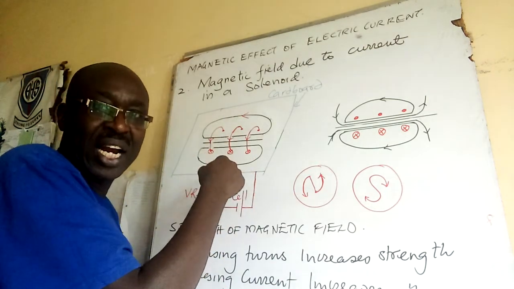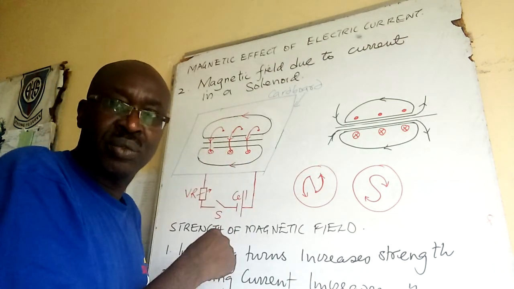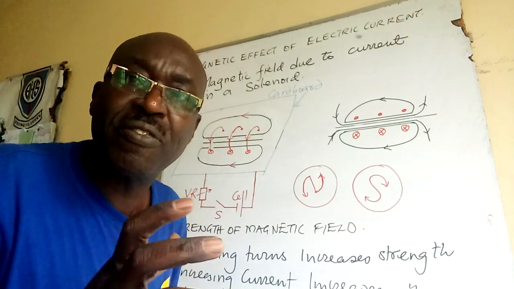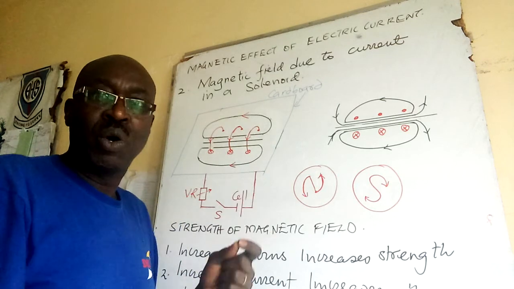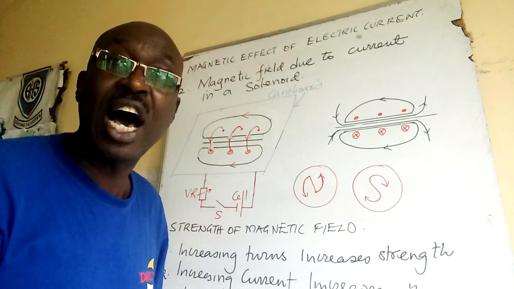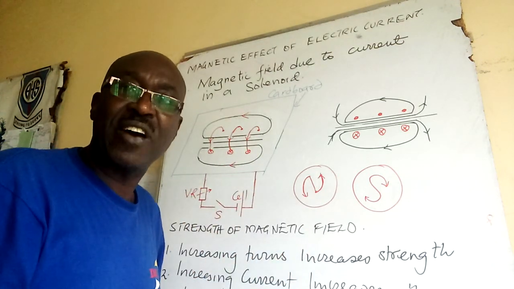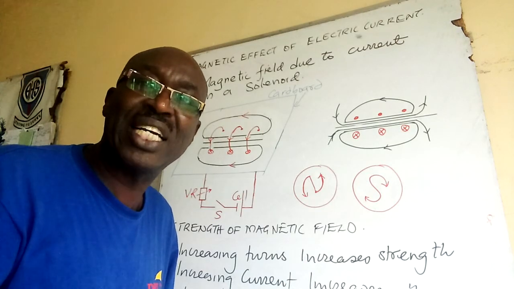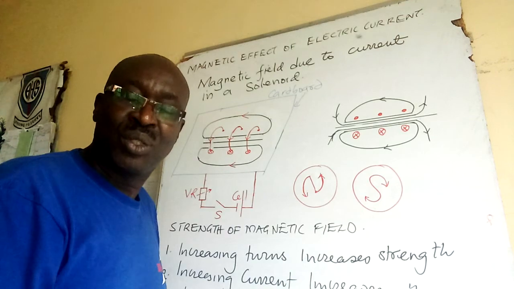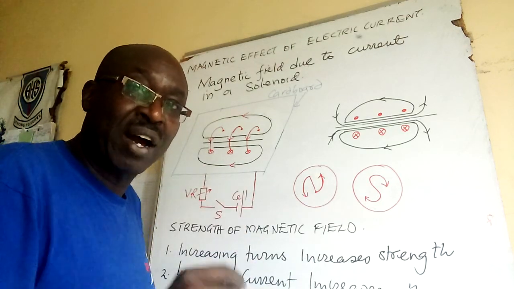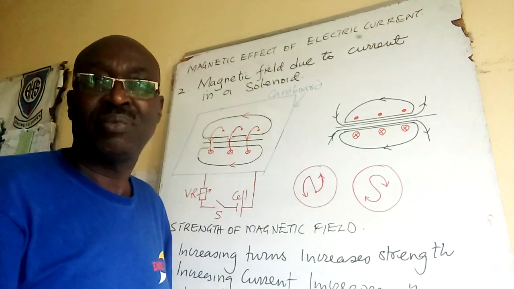As the current flows, sprinkle the iron filings. We will observe the iron filings taking a particular pattern, and we have to account for that pattern.